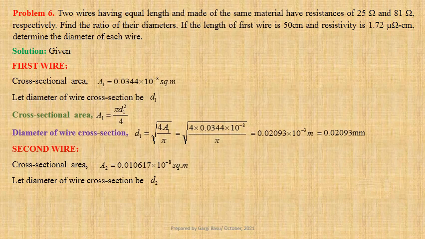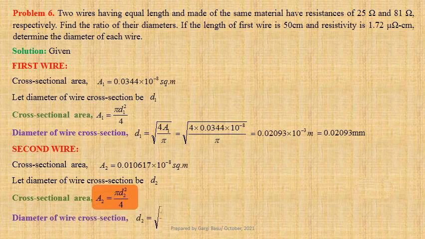Expression for cross-sectional area A2 equals pi times D2 square by 4. Therefore, diameter D2 equals root over 4 times A2 by pi, that is equal to root over 4 into 0.010617 into 10 to the power minus 8 divided by pi.